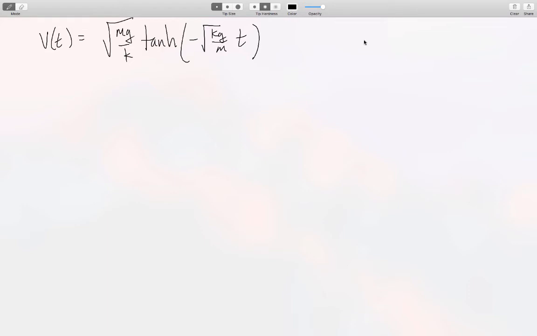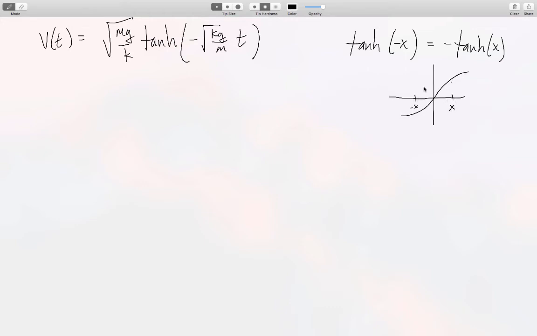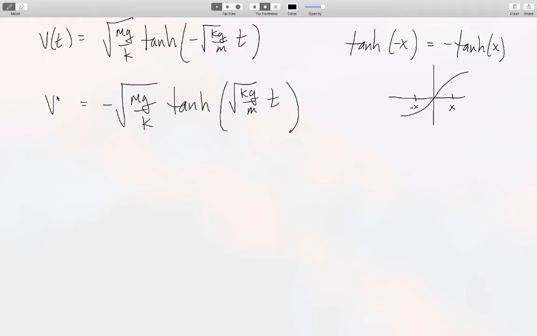But also, hyperbolic tangent is an odd function, so I can factor out that negative. You can see it's an odd function because plugging in a negative x is the same as plugging in an x and making it negative. So the negative comes out. So that's it. That's the velocity.